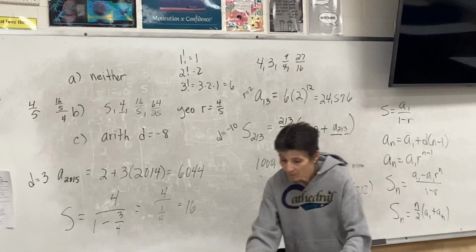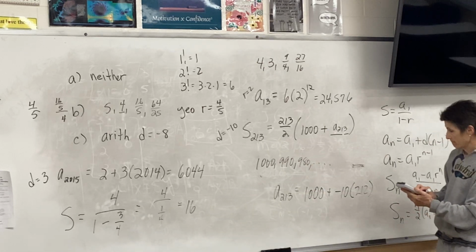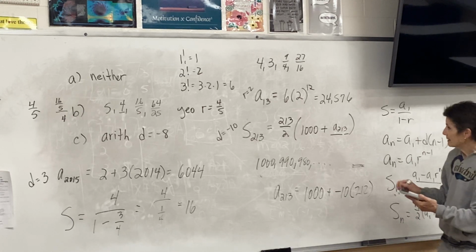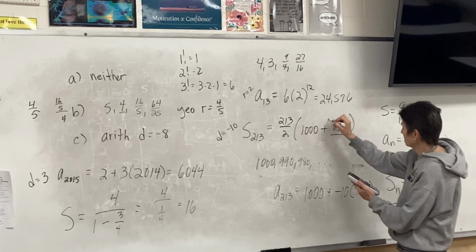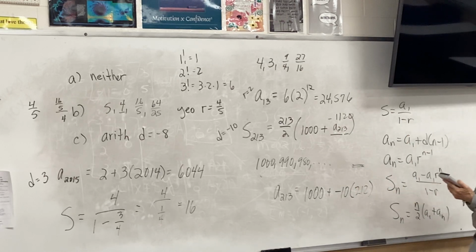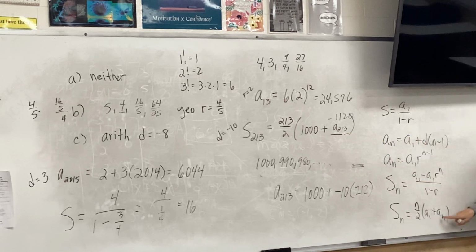I'm going to figure out what that is. And I got negative 1120. So negative 1,120 is the 213th term, the last term in the sequence.